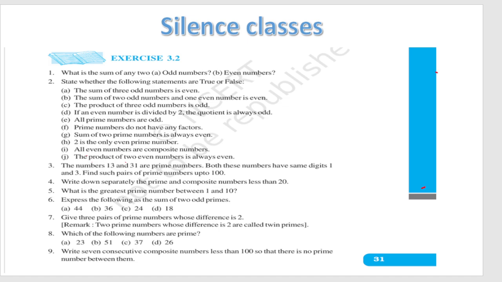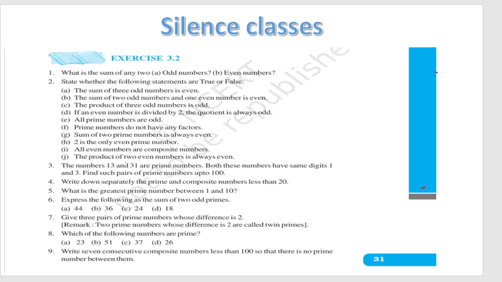Now question number 9 is saying write 7 consecutive composite numbers less than 100 so that there is no prime number between them. It means I have to write 7 consecutive composite numbers. What is the meaning of consecutive?